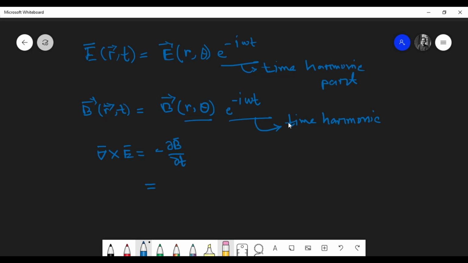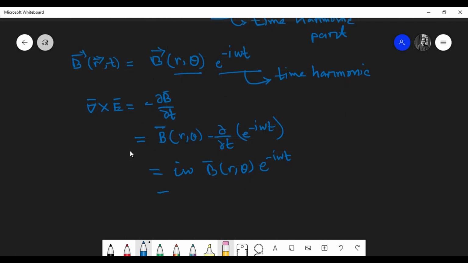What we're going to have is that the amplitude term will be just here, and we will have the derivative term over here. So this would be just i omega B(r, theta) e to the power minus i omega t. Now, the last part is just the magnetic field.